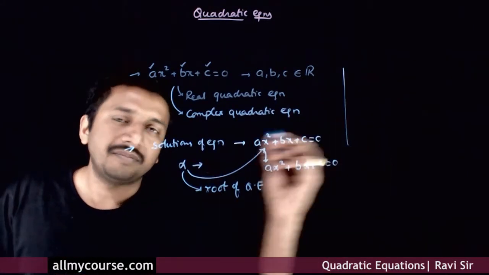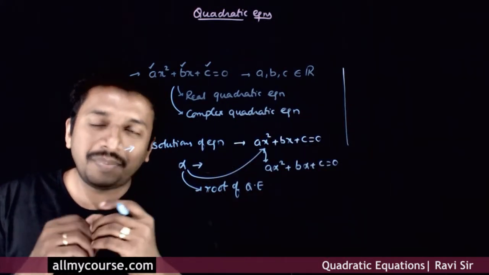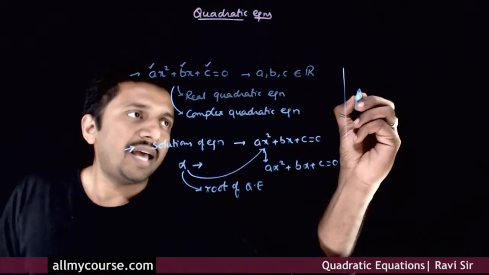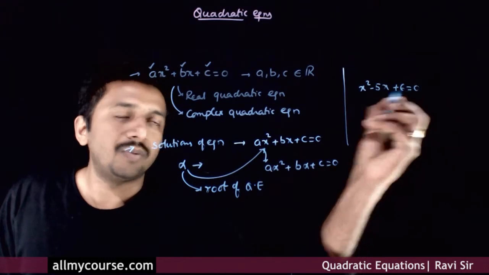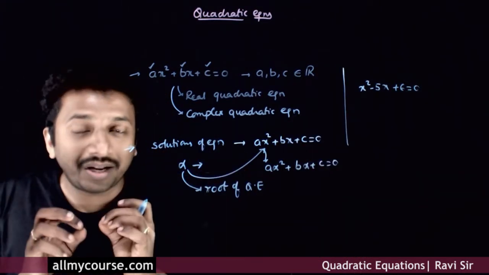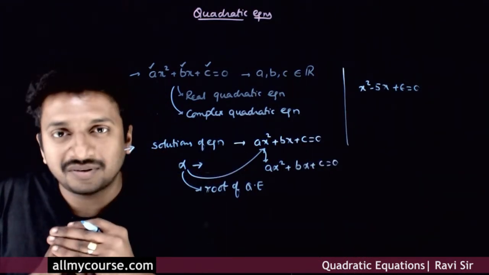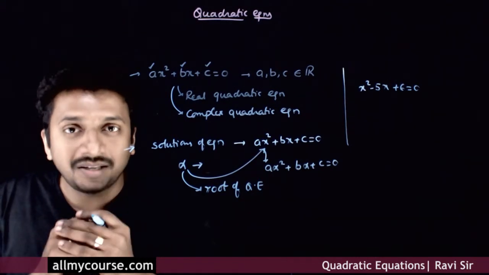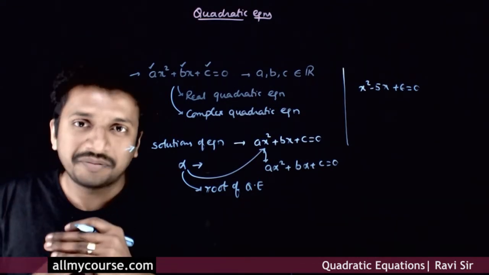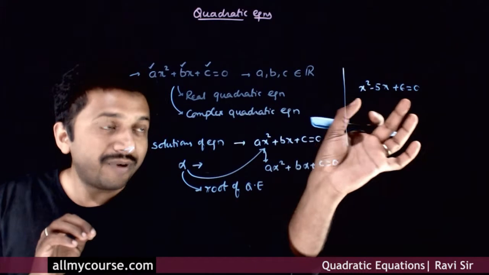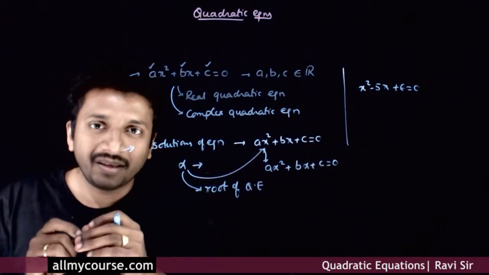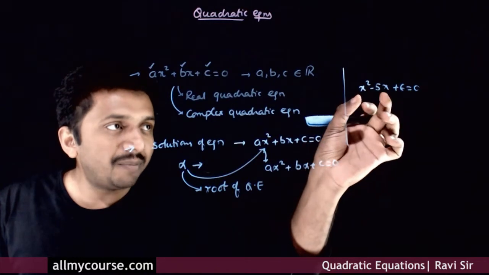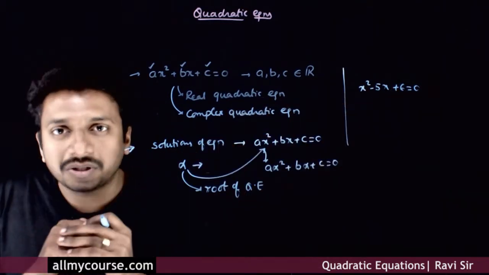For example, we can take a sample quadratic equation as x² − 5x + 6 = 0. Now, what are the roots of this quadratic equation? One of the ways to find the roots is by trial and error. We just need to find a number which, when substituted in place of x, satisfies this equation.